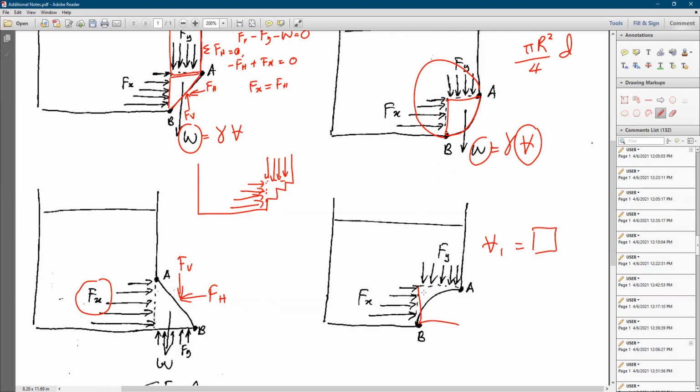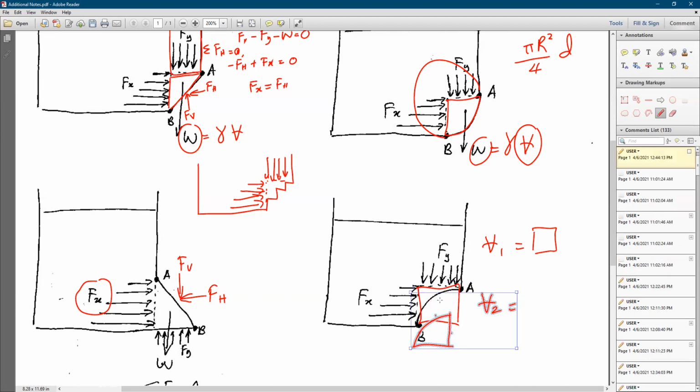Then you calculate another one, let me remove this. This part down here, which is the shape of that one. So what you need to do is the volume is equal to volume 1 minus volume 2.